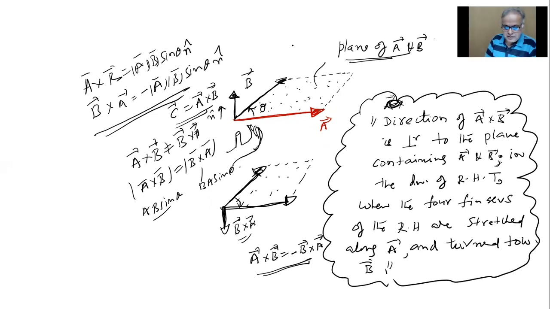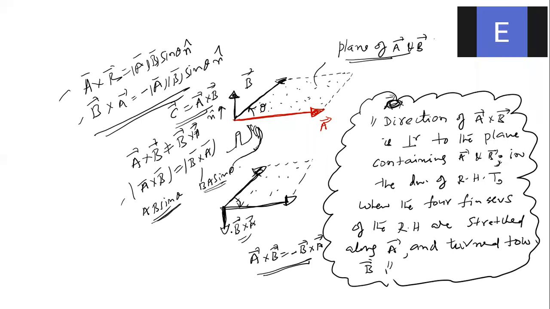Whether it is A cross B mod of it or B cross A mod of it, both are AB sine theta only.